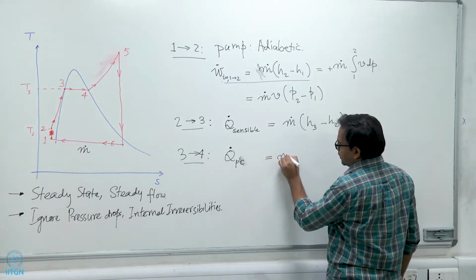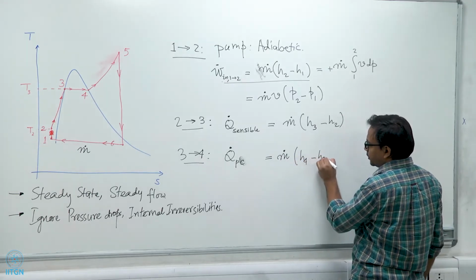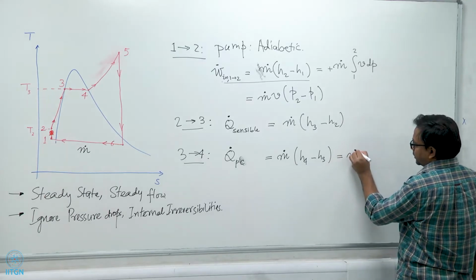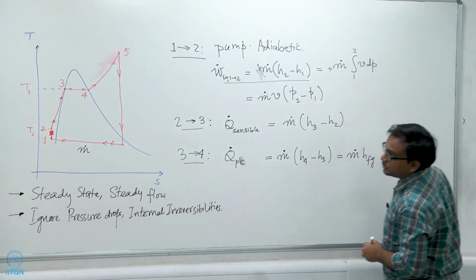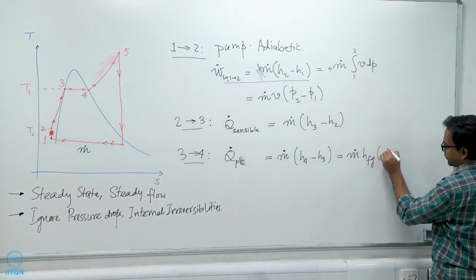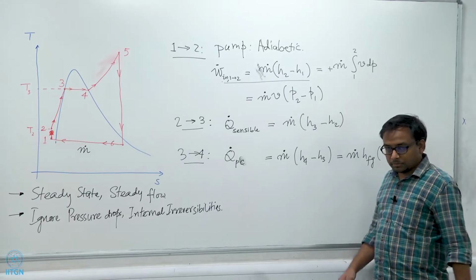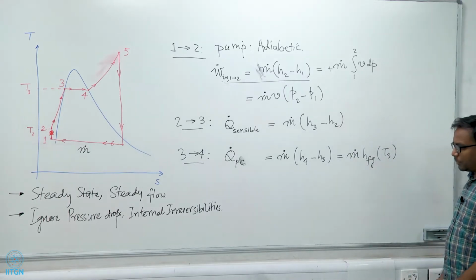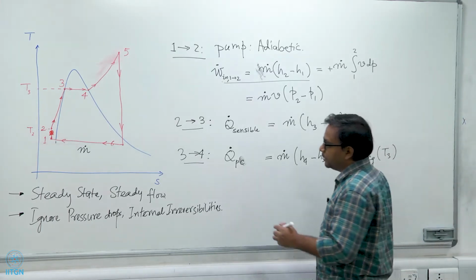That will simply be m dot times H 4 minus H 3. This is nothing but m dot times H f g at T 3. H f g is the enthalpy of vaporization at temperature T 3. This again we have discussed previously.